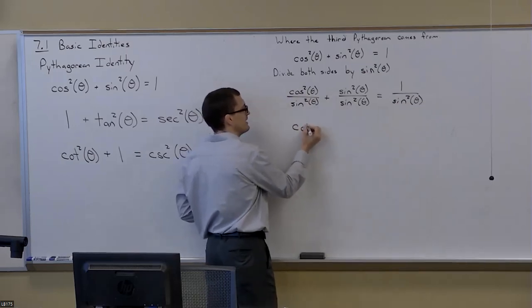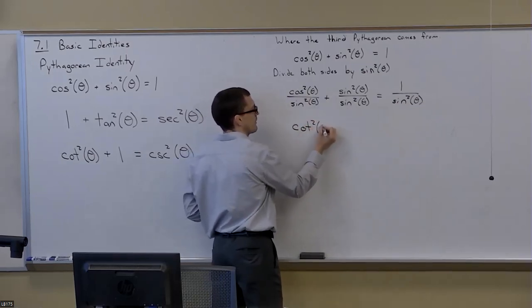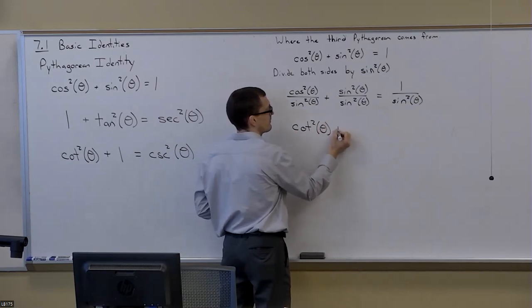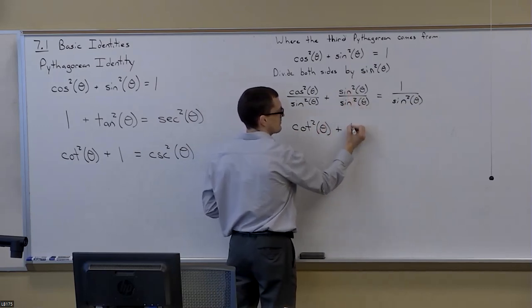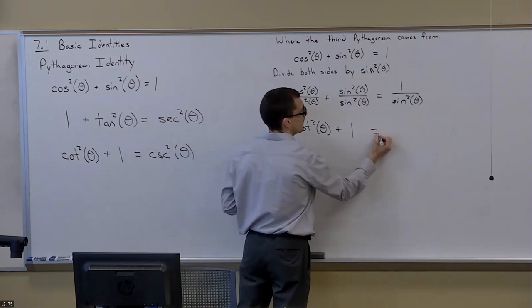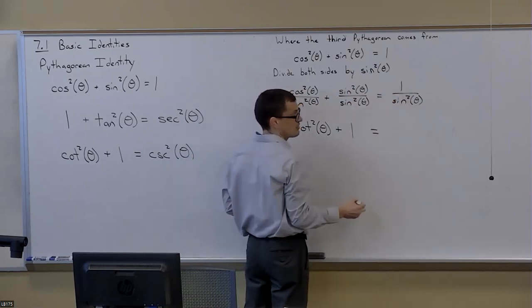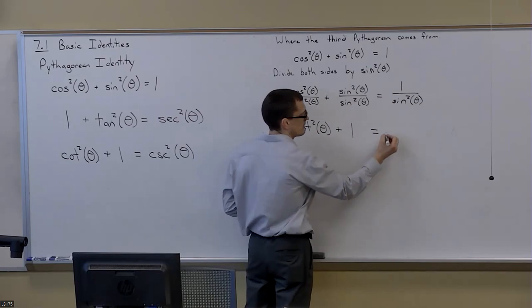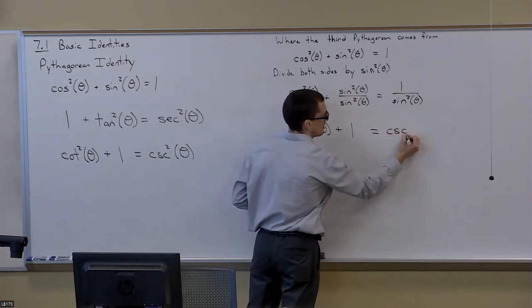The first piece becomes cotangent squared of theta. Sine squared over sine squared is 1. 1 over sine is cosecant, so 1 over sine squared is cosecant squared.